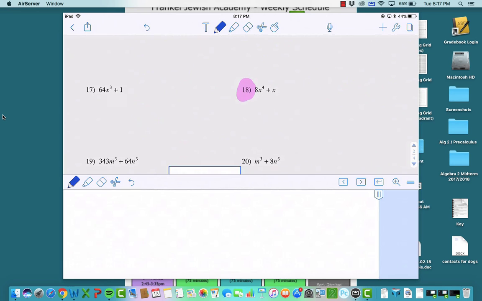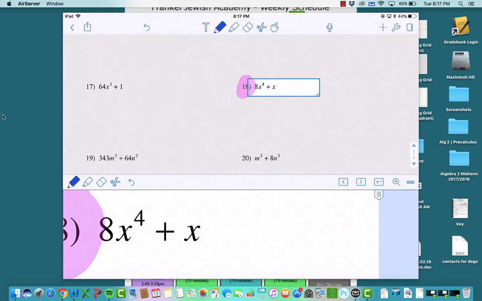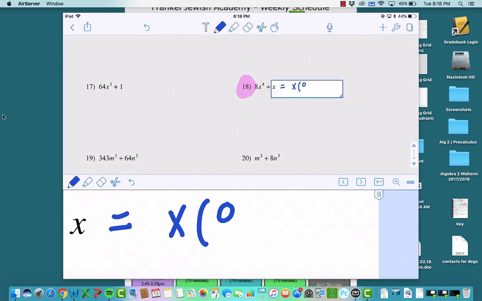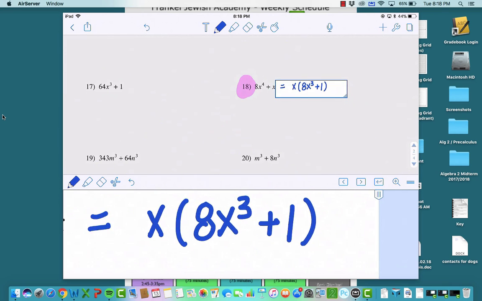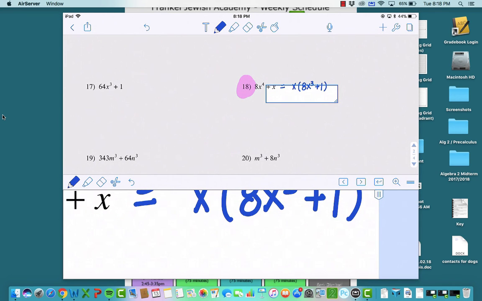Last but not least, we're going to do one that has a greatest common factor. We always should start by checking for a greatest common factor. So, I'm looking at this and they share an x, so let's factor it out. So I have x times 8x cubed plus 1. That is again a sum of cubes. That is 2x cubed plus 1 cubed.